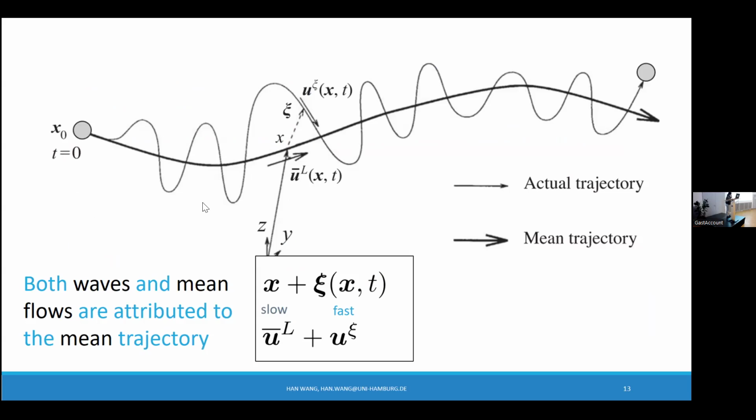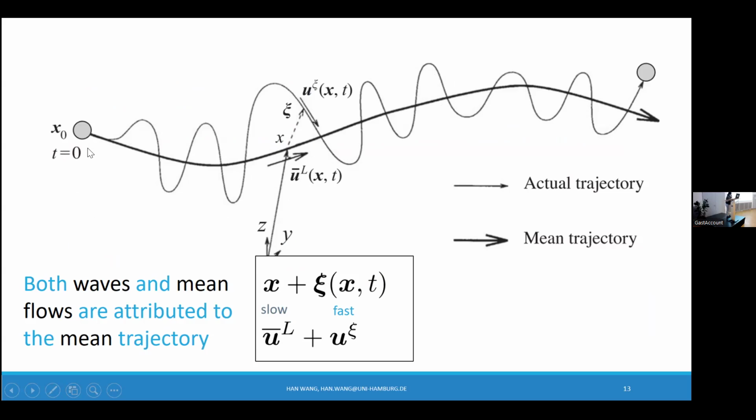Here we have an idealized particle that has this kind of movement. So it has a fast oscillation and a slow movement. You can low pass filter the displacement to get a mean trajectory that looks like this, which automatically filters out the displacements that are induced by the fast movements.